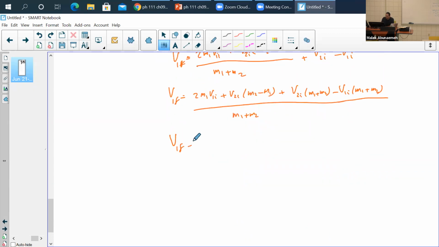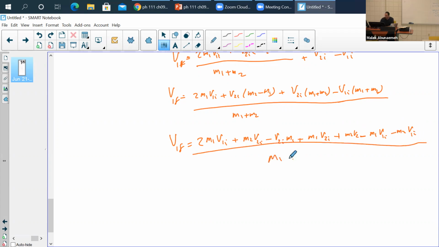So your V1F is gonna equal 2M1 V1I plus M2 V2I minus M1 V2I plus M2 V2I minus M1 V1I minus M2 V1I, and again, that's divided all by M1 plus M2.